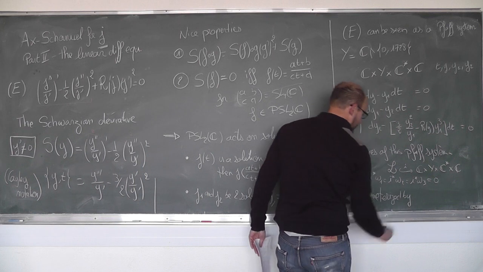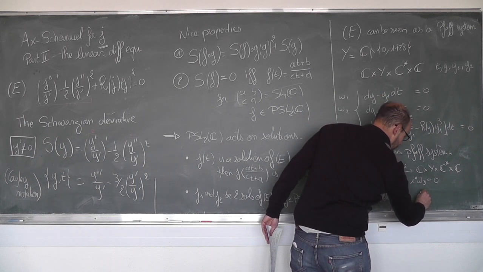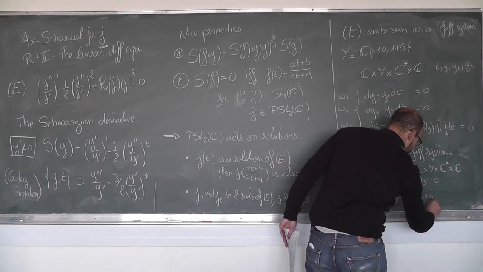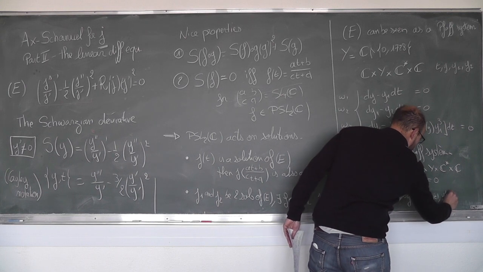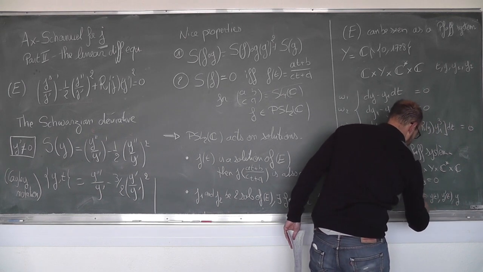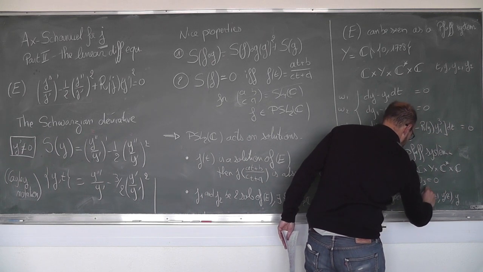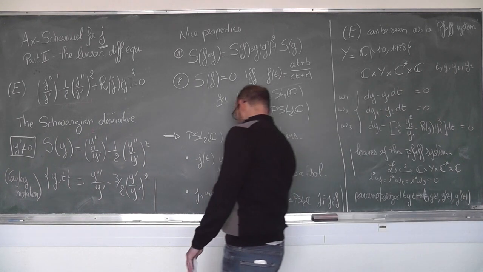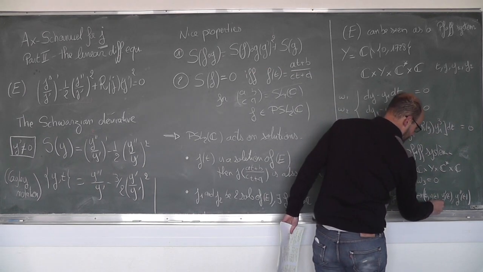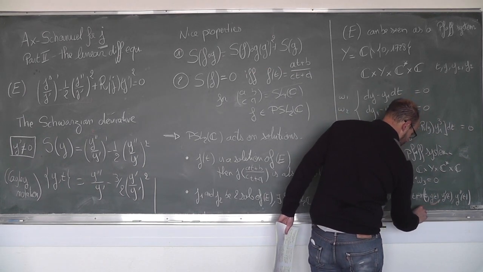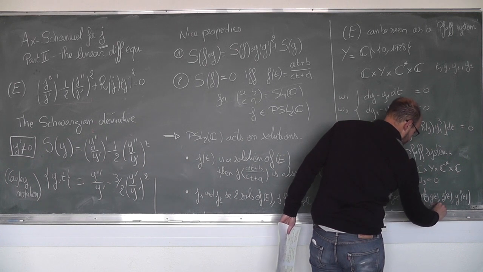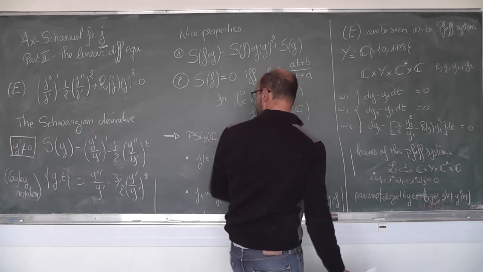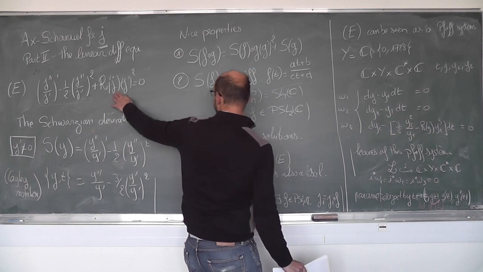Parameterized by t is sent to, and I will use this notation, y of t, y prime of t, maybe the first one is t itself, and y second of t, with this function here, which must be a solution of the equation E, the solution y of this equation.